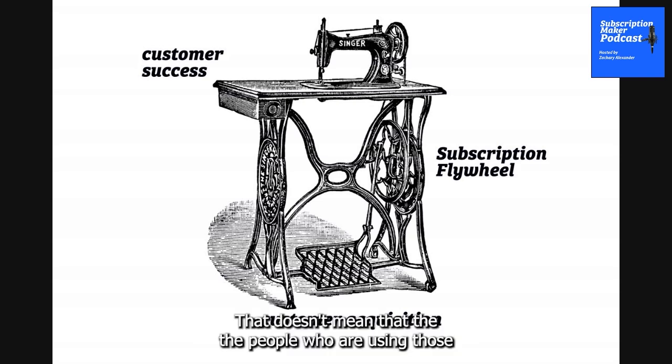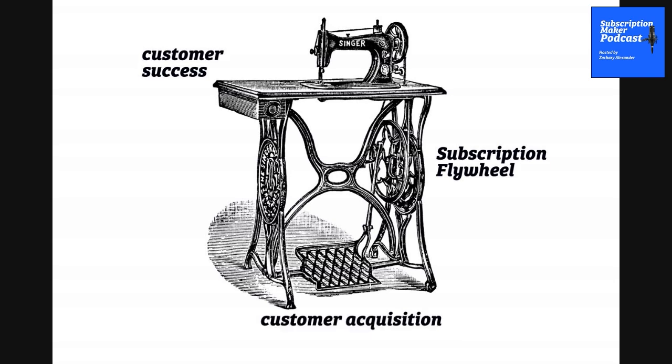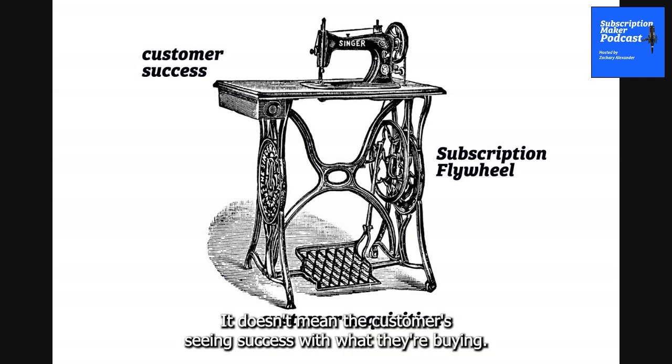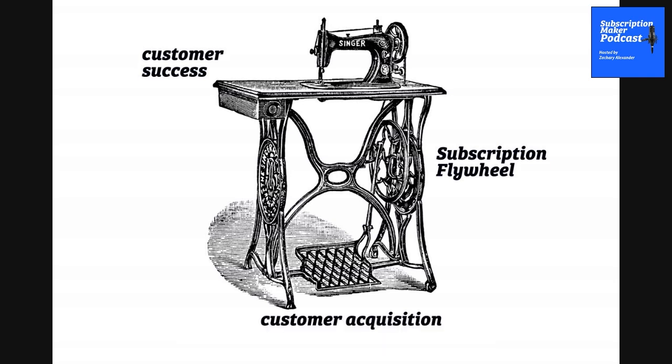That doesn't mean that the people who are using those funnels, that electrical powered machinery, that doesn't mean it's satisfying the customer. That doesn't mean the customer is seeing success with what they're buying.